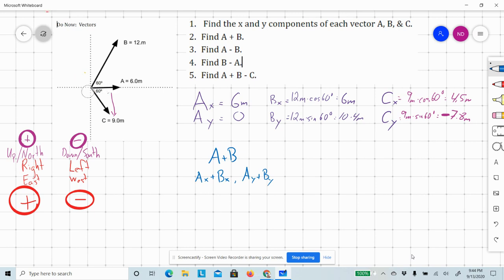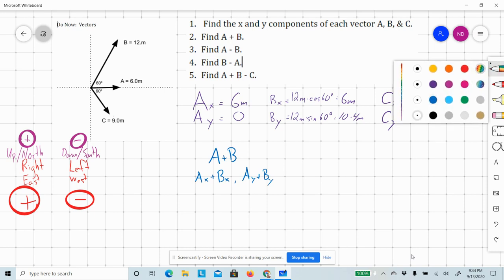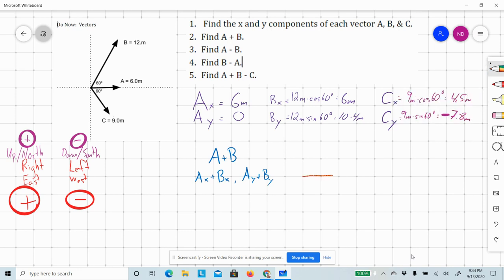These vectors are drawn wrong. These vectors are drawn all from the origin, so the tail of each arrow is at the origin. That's incorrect. When you do the arithmetic to them, you have to draw them tip to tail. So to draw A plus B, you'd start with A, which is an arrow like that, and then B, you start at the tip of A, and B goes off at some angle like that.